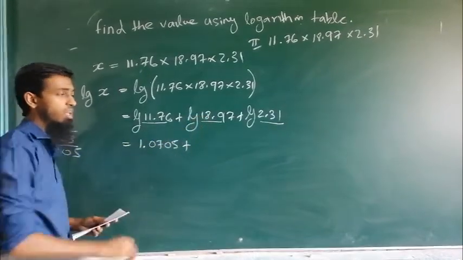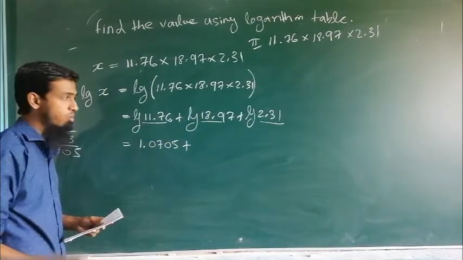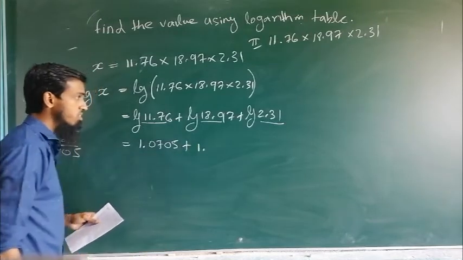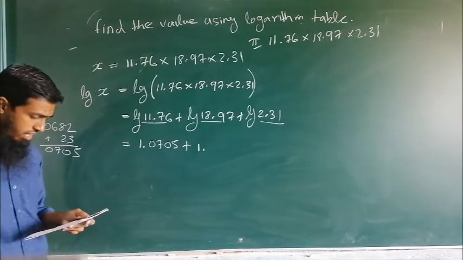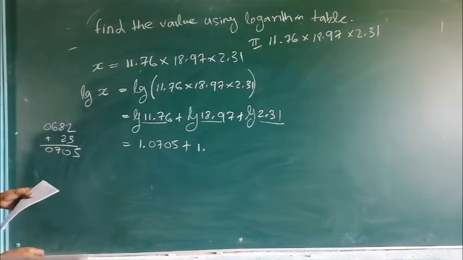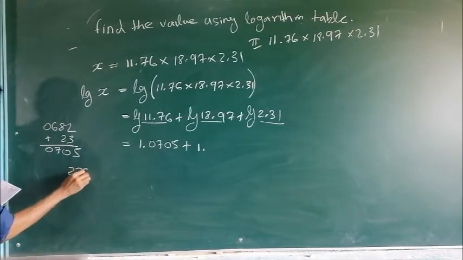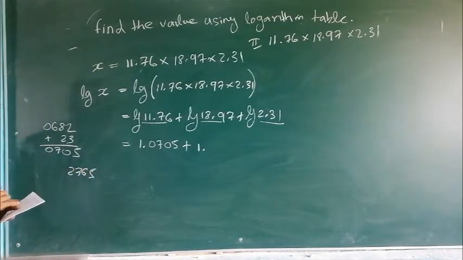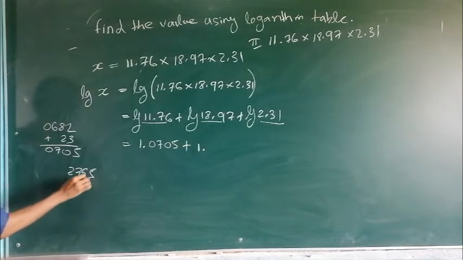Then 18.97. Before the decimal, we have two digits, subtract 1, so 1 point. So 18th row, 9, we have 2765. And 9, 7: on the 7th column, we have 16.